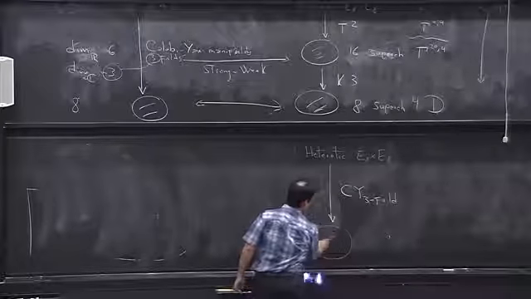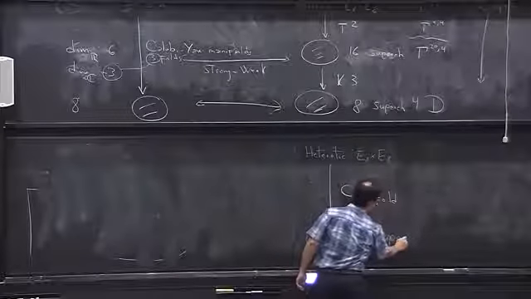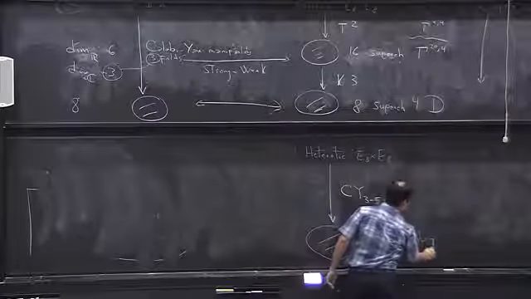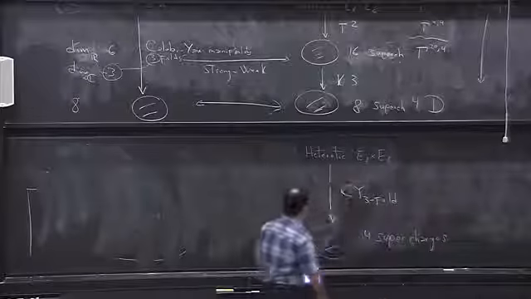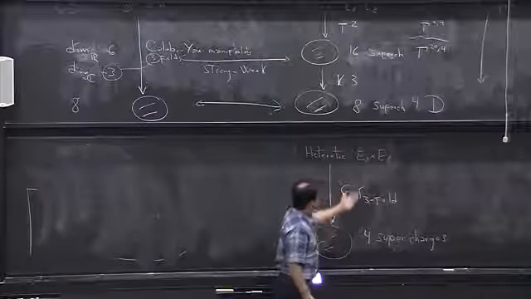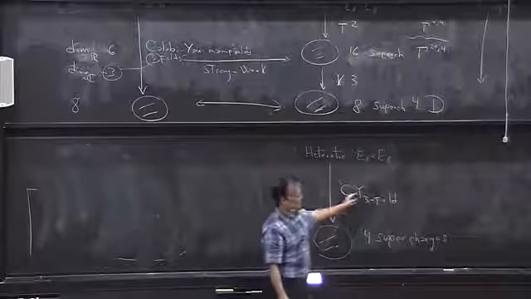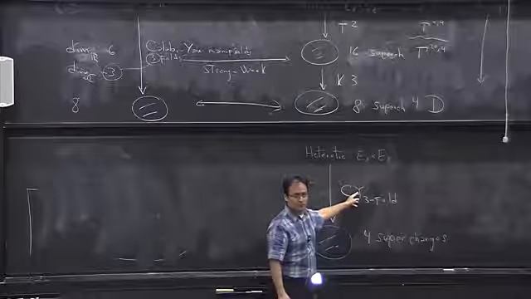So we end up in 4 dimensions with a theory that has 4 supercharges. And it has gauge fields. What kind of gauge fields we are going to have depends on the Calabi-Yau threefold that you choose.